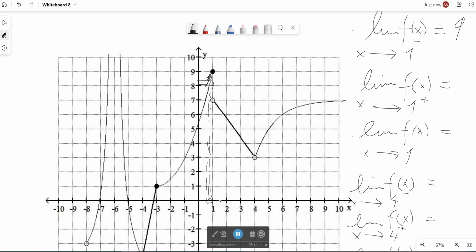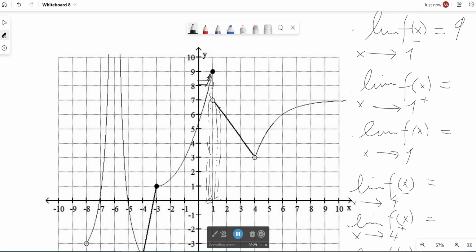Now the right limit as x approaches 1. Let's say we start here. F of x is right here. Step one step closer, find the f of x. It's right here, and so forth.